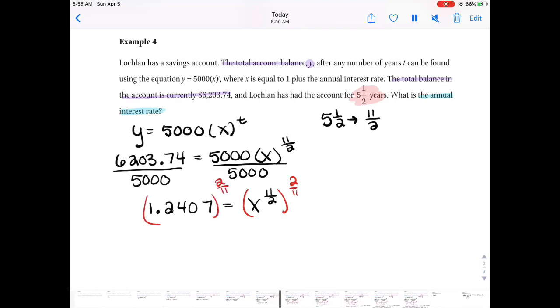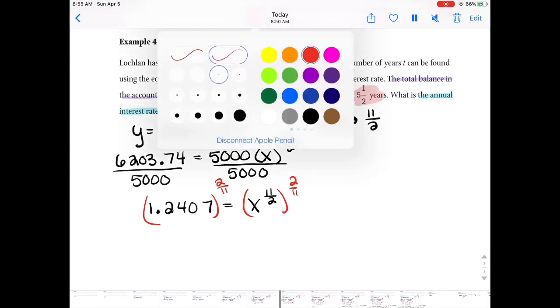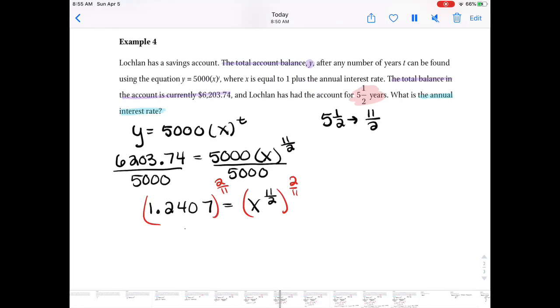So if you type this in your calculator, 1.2407 raised to the 2/11 power, you might want to put that 2/11 in parentheses. You'd get 1.040 equals x.